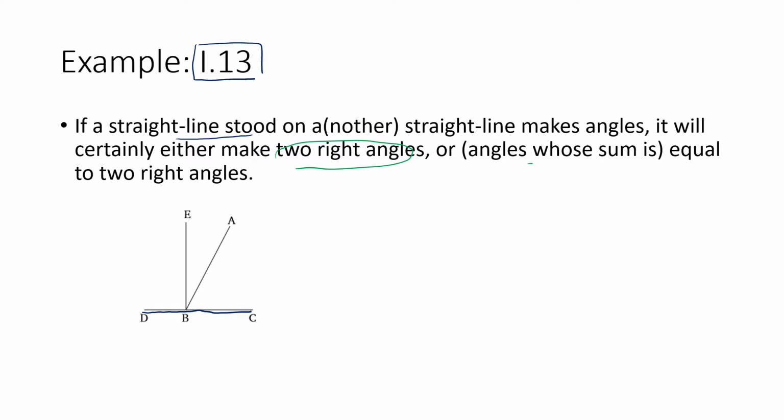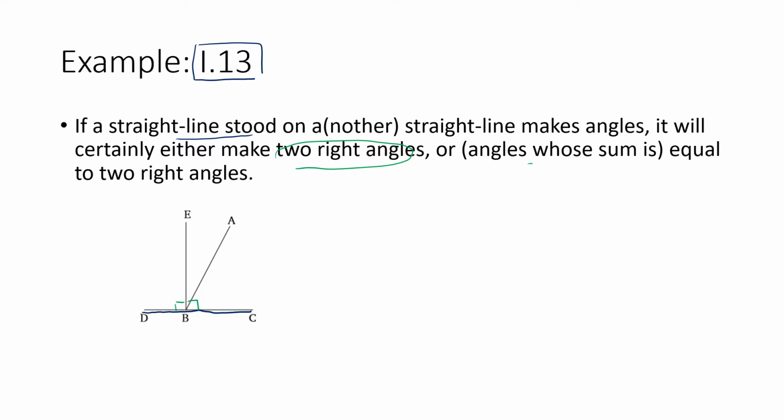If we have a line and another straight line, there can be only two cases. One is EB, which is perpendicular to CD, so it makes two right angles. Or if it's AB, it's not perpendicular to CD, and the sum of ABC and ABD will be two right angles.